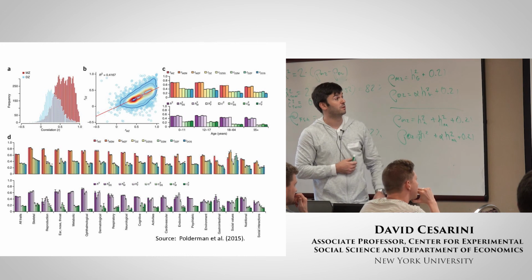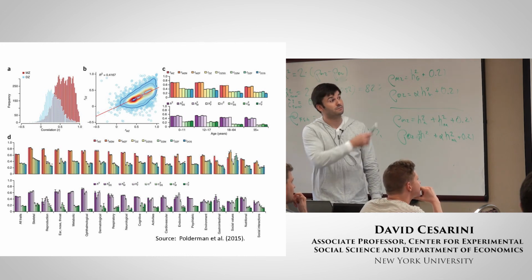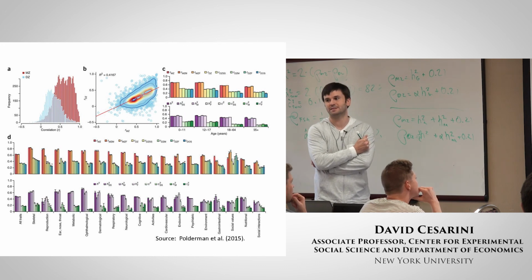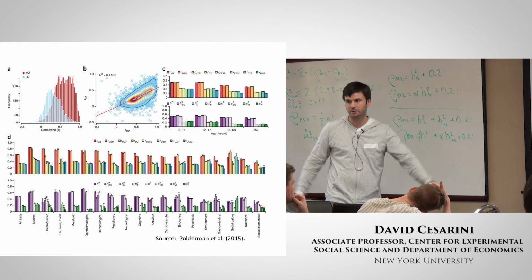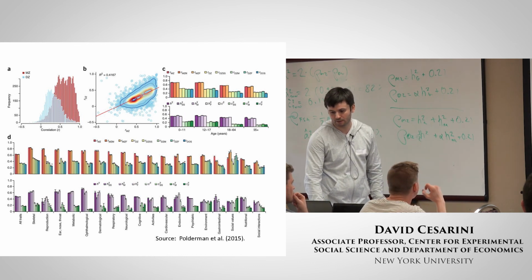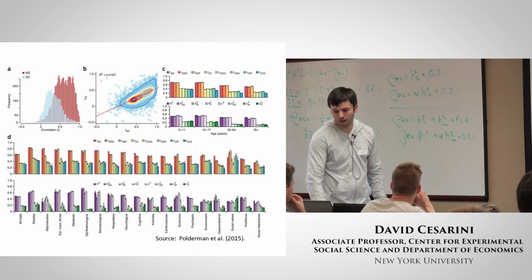The next term would presumably be h squared DD, and then we could in principle have higher order interactions, in which case the decay is even faster, right? Because then you have to share a particular genotype at 3 loci in order for the interaction to kick in. We don't think that's a very important source of variation in practice.